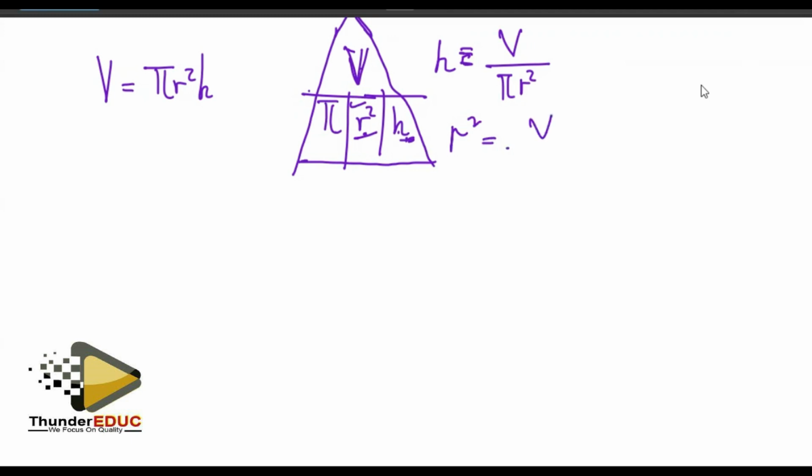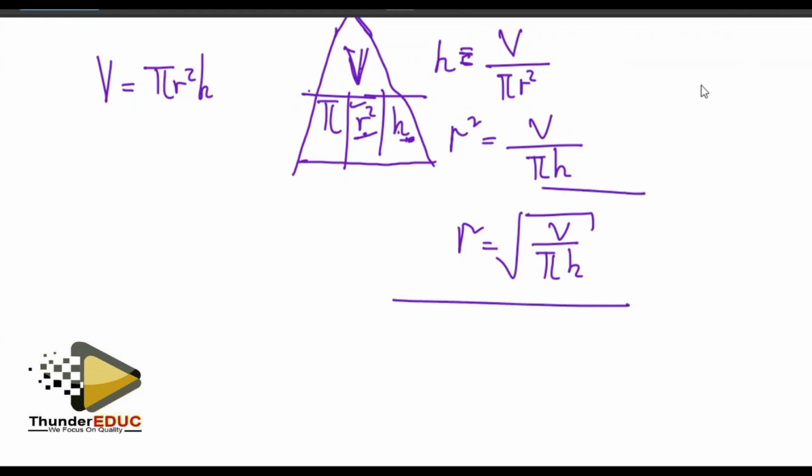So which will be radius squared equals volume over pi h. But this is squared. So what do we do? Whenever it's squared, we need to apply square root. So we need to apply the square roots on both sides. That's how we do it. This is how you remember these formulas here.